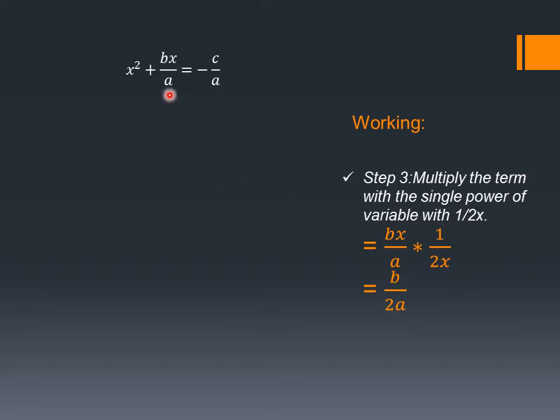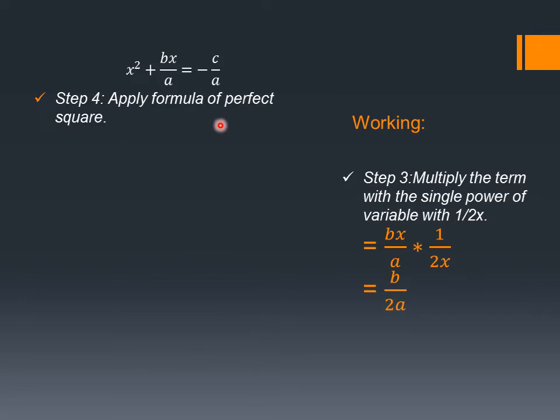Here the term with the single power of x is bx over a. So I will multiply it with 1 by 2x. So bx over a multiplied with 1 by 2x, x will get cancelled with x, so the numerator will be having b and the denominator will be having 2 and a, so I have written it collectively b over 2a. So this is our term for b.